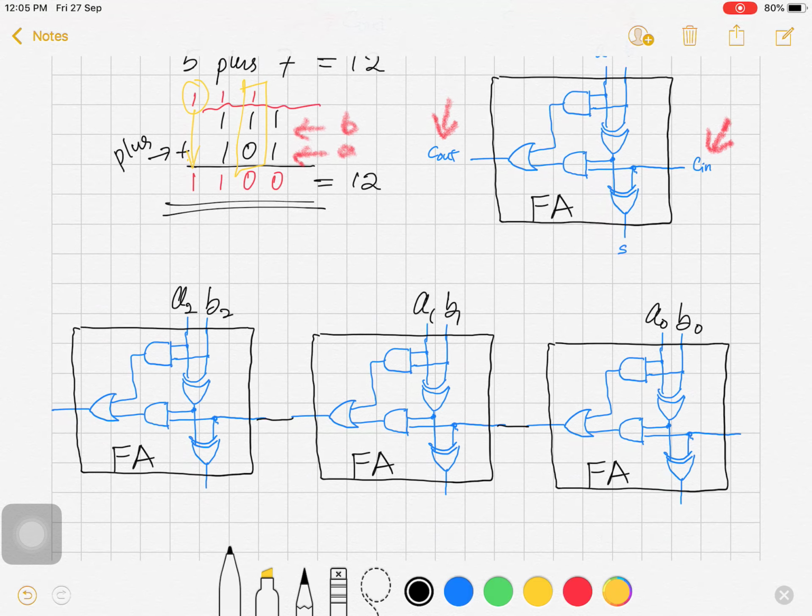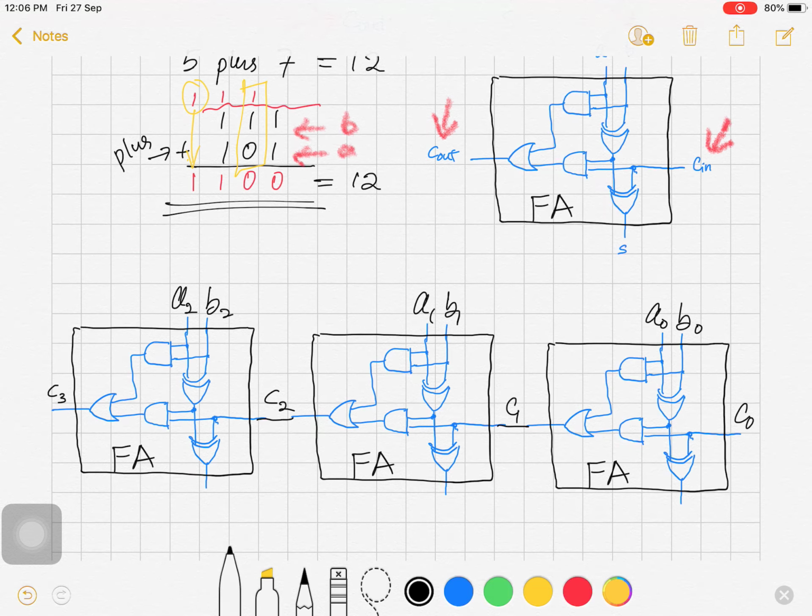We also can denote the carries with index. The rightmost is C0. Do not get confused with CO. This is C0. Then C1. This is C2. And this is C3.